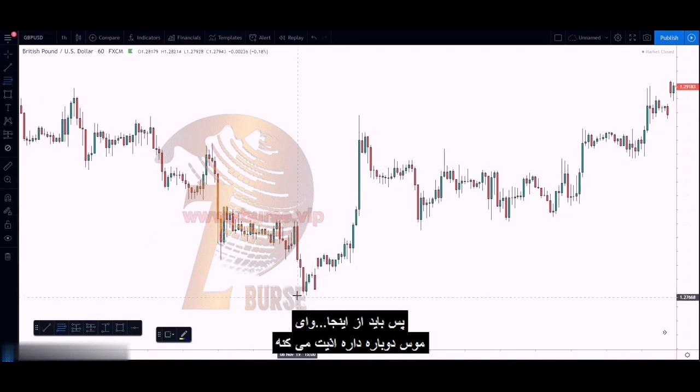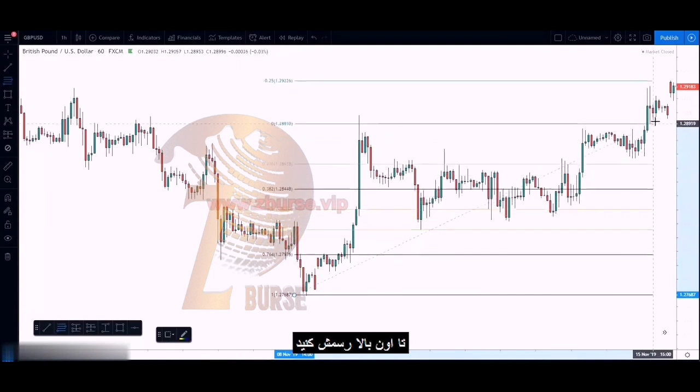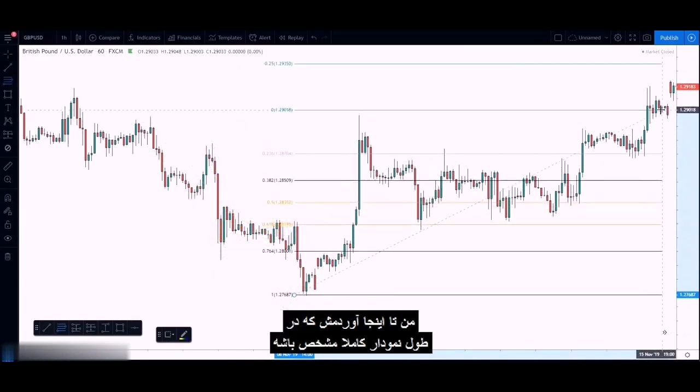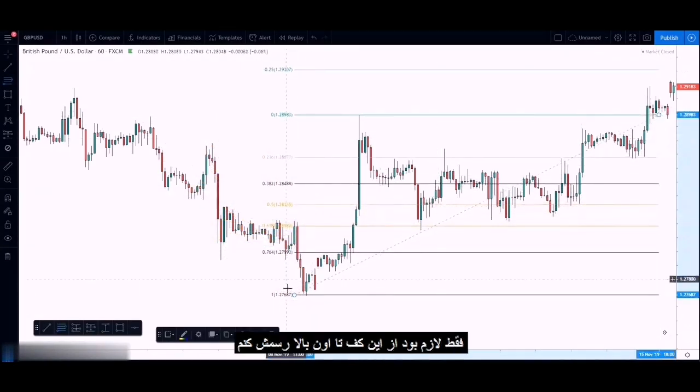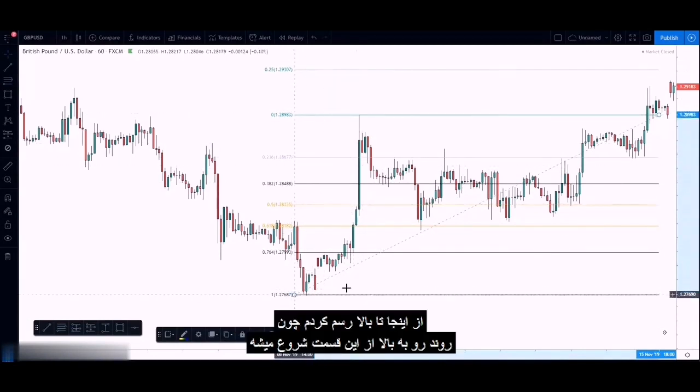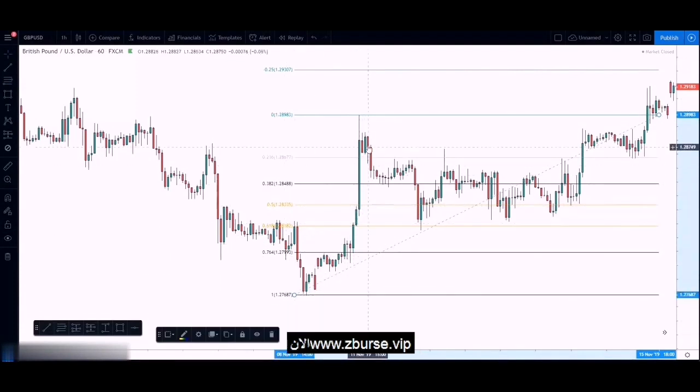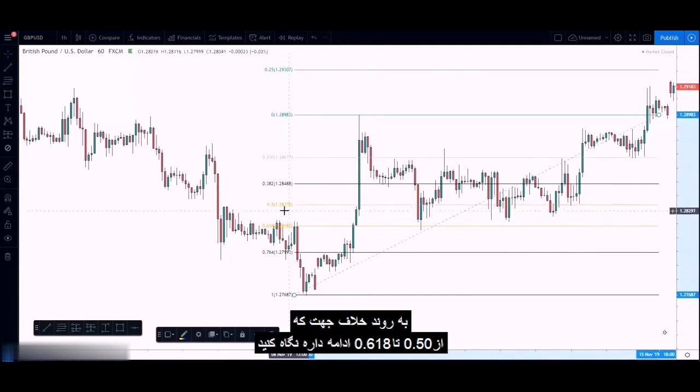Oh my God, my mouse. From here to here. I'm bringing it over here so you can see it throughout the whole chart. But all I did was draw it from here to the top of this wick, because this is where I see a main push created up. Now, look at the rejection on the 0.50 and the 0.618 zone.